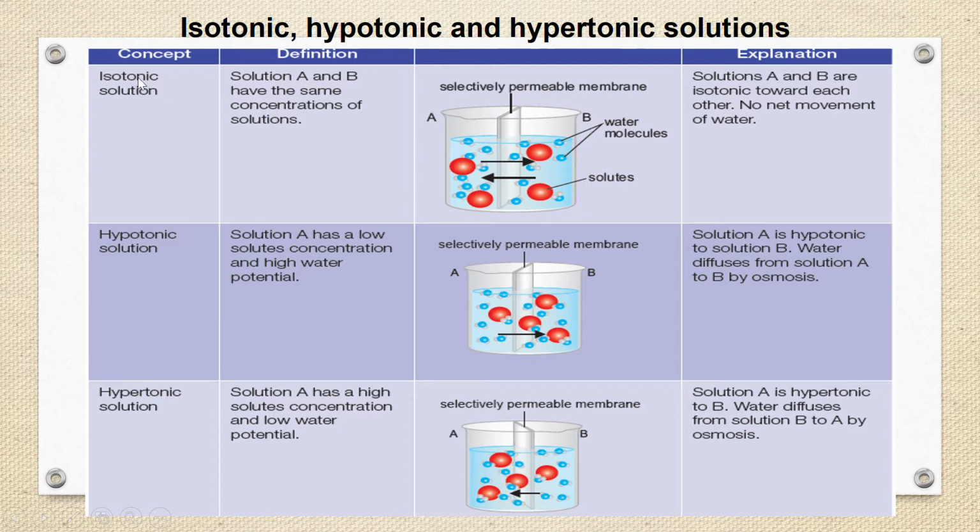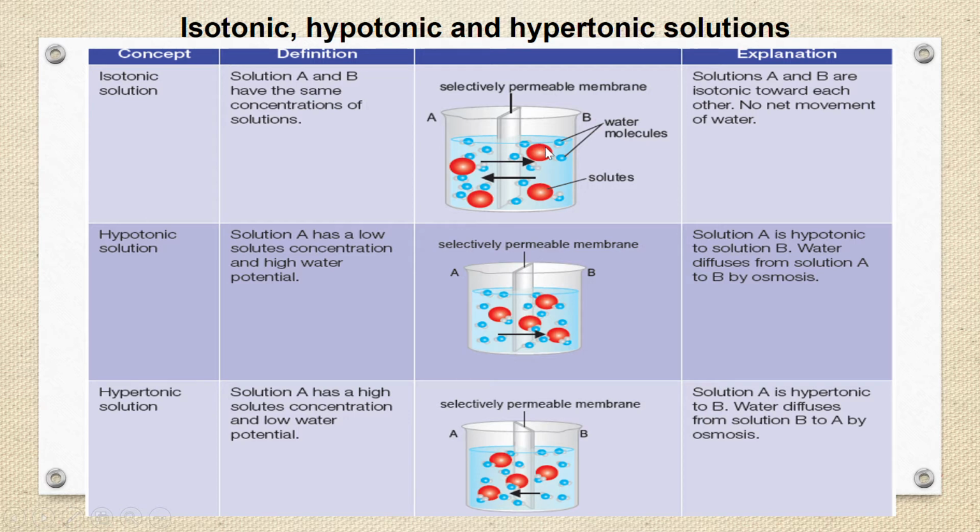So let's look at the first concept over here, the isotonic solution. So we have here in the middle the selectively permeable membrane, which is going to separate this solution into two compartments.